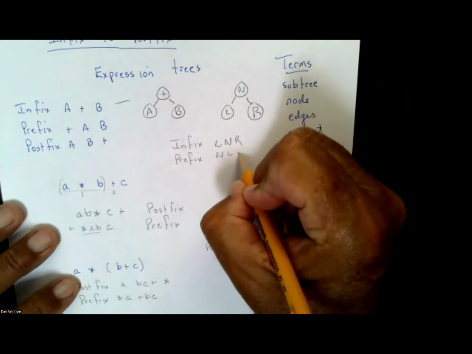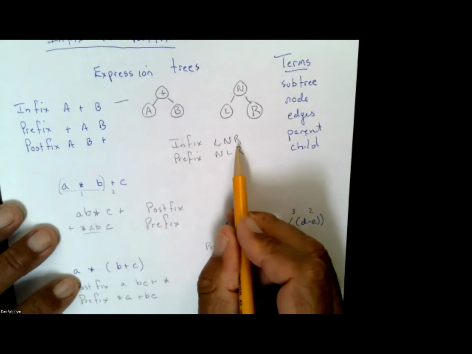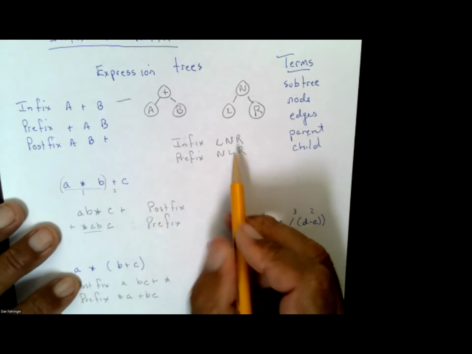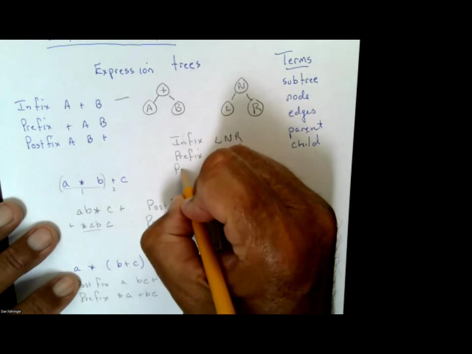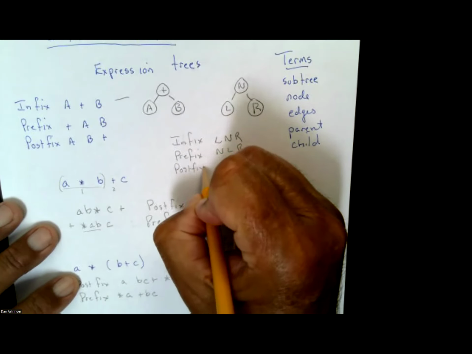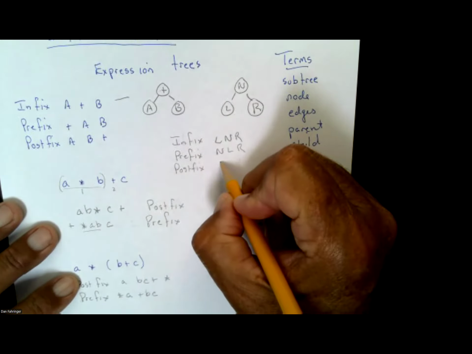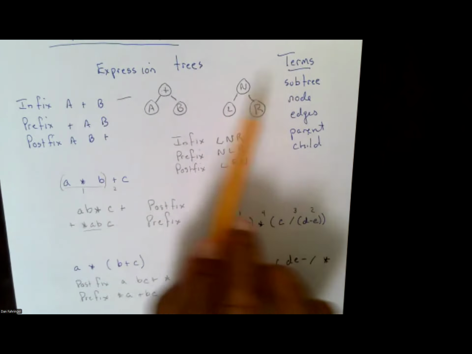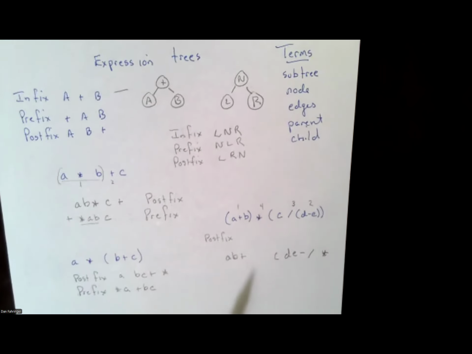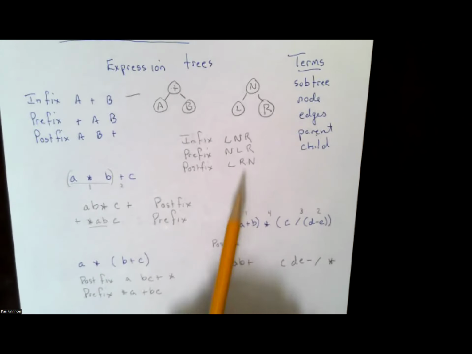Yep, node, left, right. Again, you notice the left and right didn't change order. It's only those operators that move around. And finally, postfix is going to be left, right, node. This is a huge building block for something we're going to do later in class. Lots of stuff with this prefix, postfix, and infix.